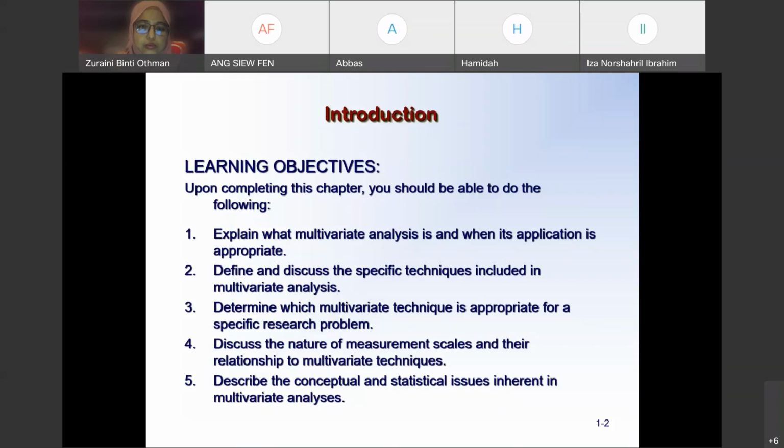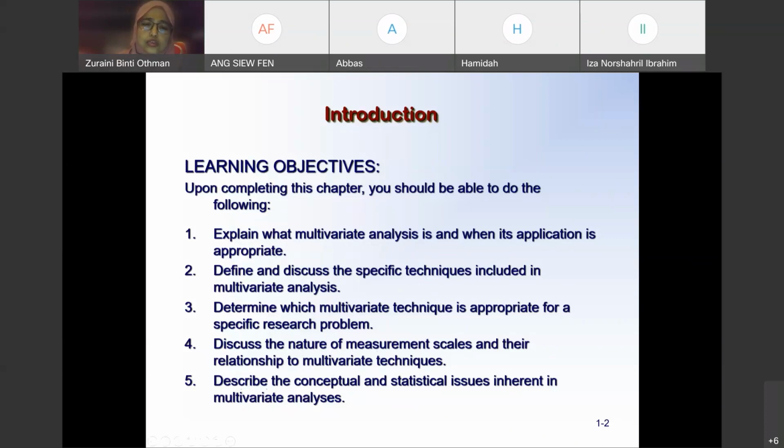By the end of this chapter, we should be able to do the following: explain what multivariate analysis is and when its application is appropriate; define and discuss the specific techniques included in multivariate analysis; determine which multivariate technique is appropriate for a specific research problem; discuss the nature of measurement scales and their relationship to multivariate techniques; and finally, describe the conceptual and statistical issues inherent in multivariate analysis.